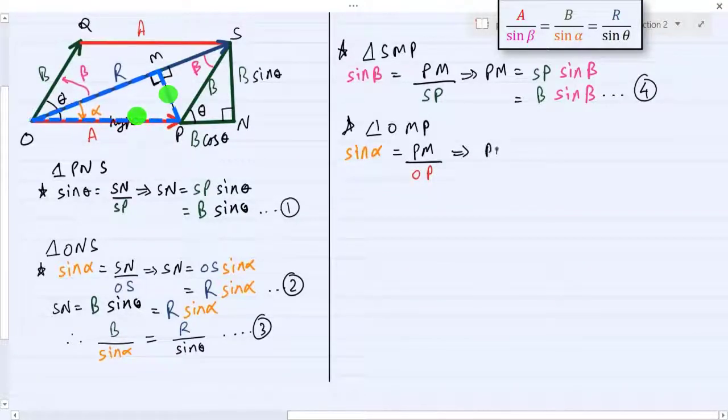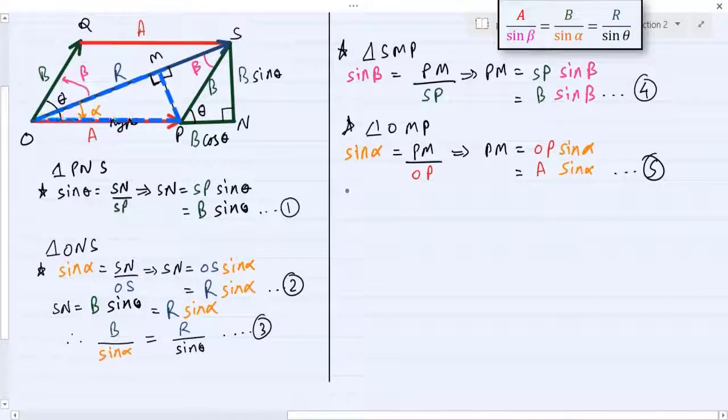So, here we'll get PM is equal to OP sine alpha. But we know OP is A. So here we'll get PM is equal to A sine alpha. Let's call it equation number 5.